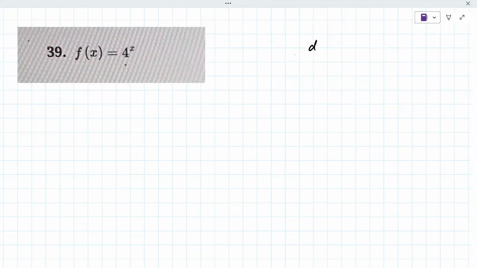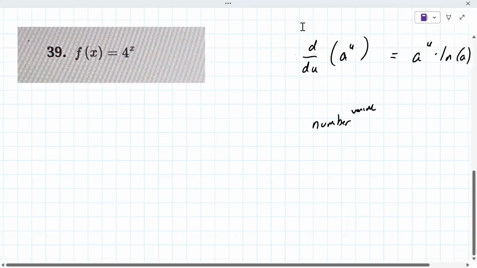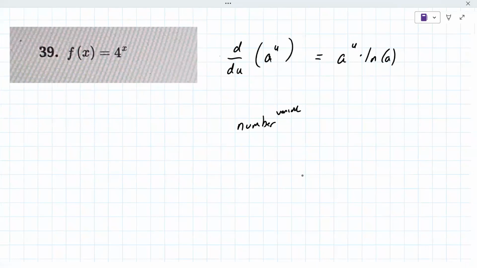So the rule is the derivative of a to the u. So it's a number to a variable. So that number to the variable, a to the u. It's itself times the natural log of the base, but then there's this chain rule u prime.